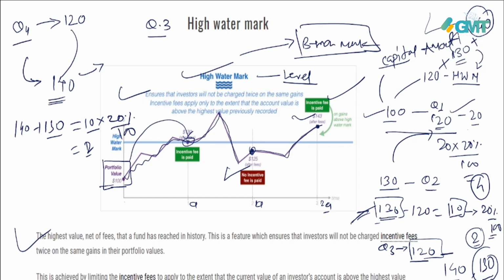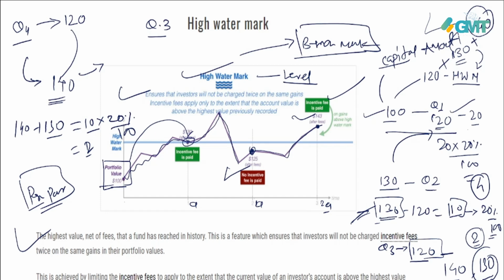I'm sure this one-slide presentation will help you a lot to understand it. In any fund accounting interview you can expect a question on the high water mark, how the high water mark works, how the calculation will work. So I would request you, whenever you sit for a fund accounting interview, please carry pen and paper, and describe this example on paper.